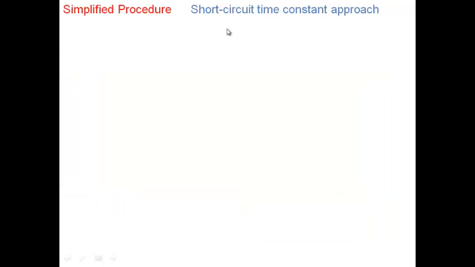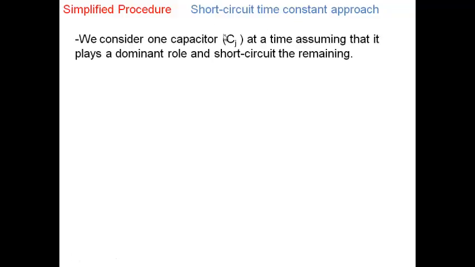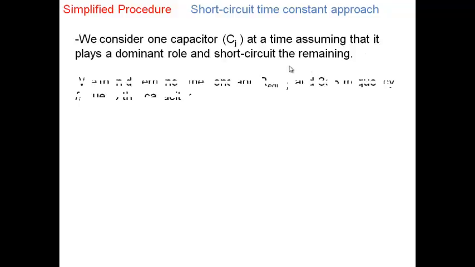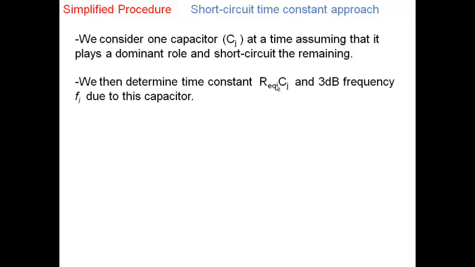So in general, this method that I'm talking about, I'm not going into the details of it, is called the short circuit time constant approach. What it says is, what I just described, consider one capacitor at a time, assuming that it plays a dominant role and short circuiting the remaining. Compute the equivalent time constant and 3 dB frequency due to each capacitor.